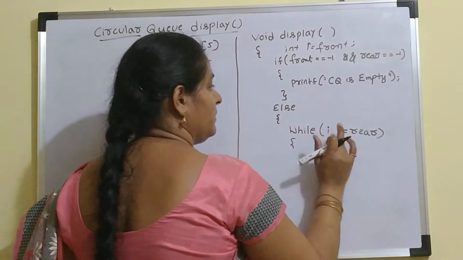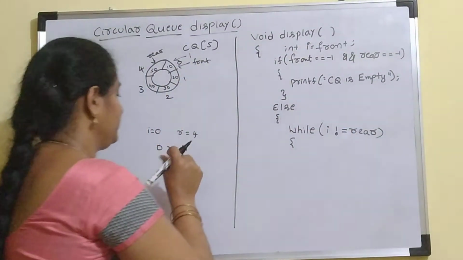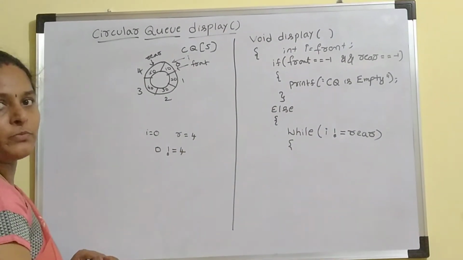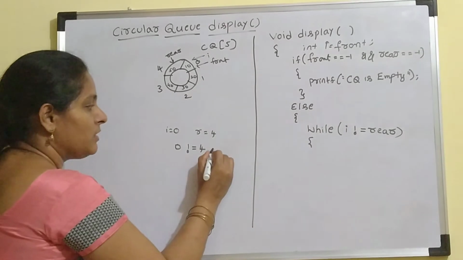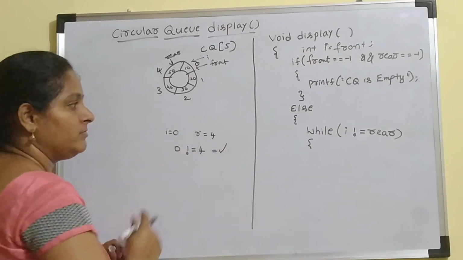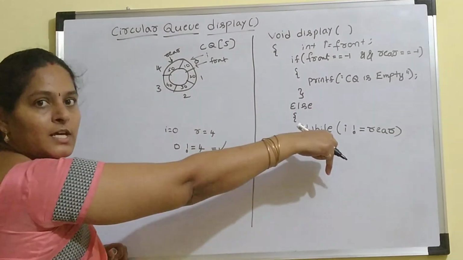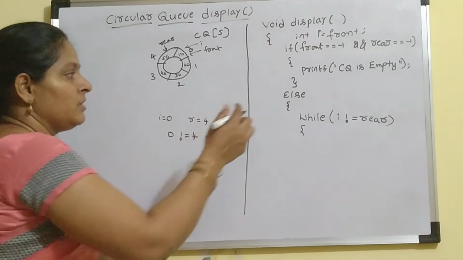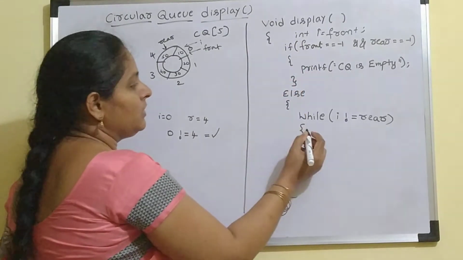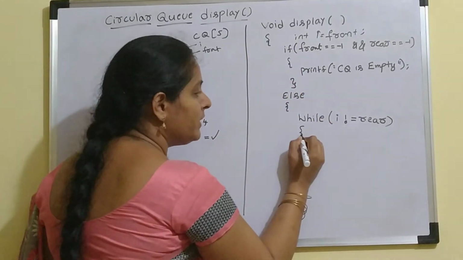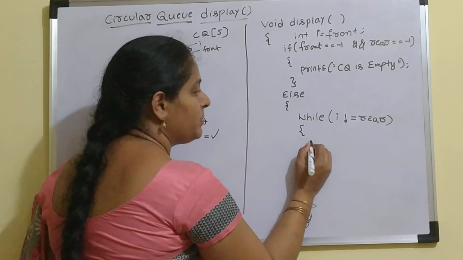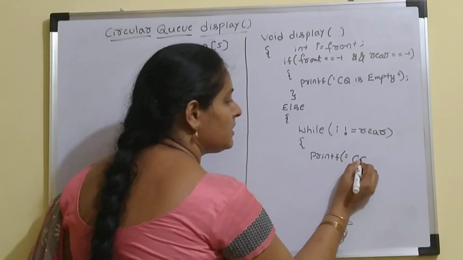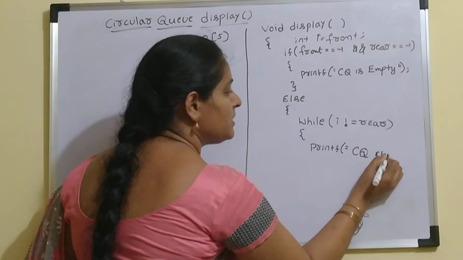Sorry, here we need to write not equal to. So 0 not equal to 4, that means the condition is satisfied, so we will enter into this loop. Inside the loop, what do we need to do? We need to write the print statement. So printf, circular queue elements are.